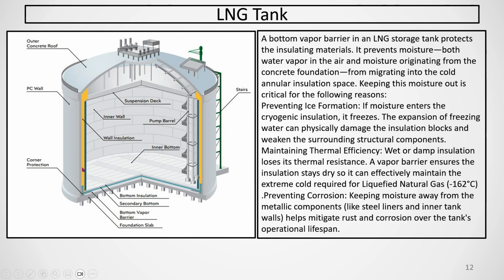If it comes inside the insulation material, the insulation property will be damaged. That's why, or if air comes in contact and has some moisture, the bottom vapor barrier will extract this vapor and keep the insulation in good condition.